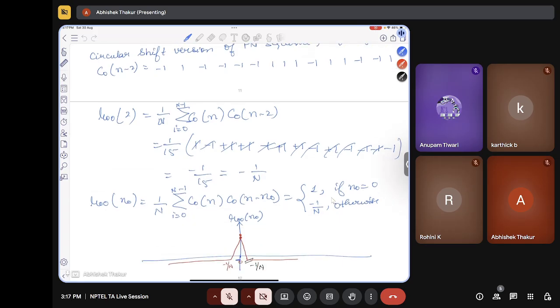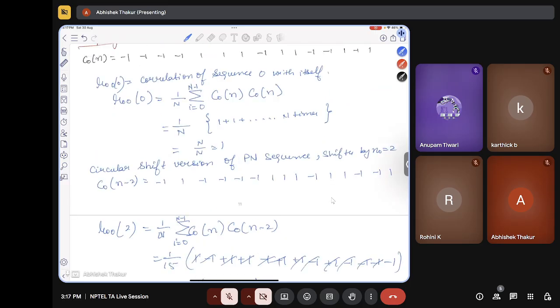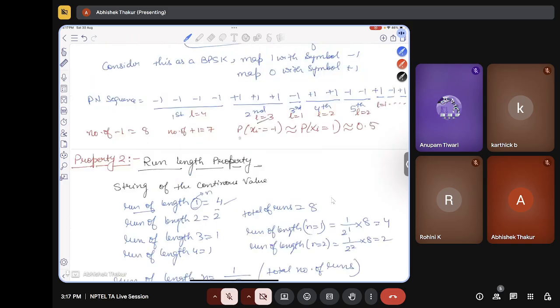So here what we have seen, this correlation is equal to 1 if n naught is equal to 0, and it will be minus 1 by n when n naught is not equal to 0. But in our case, there is a correlation between two symbols, R0,1.